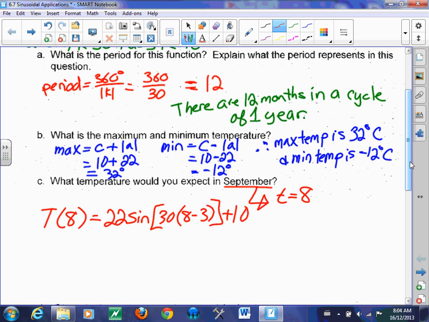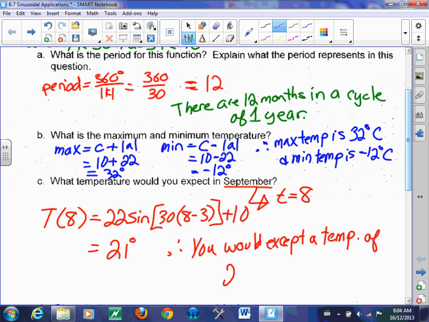Plug it into your calculator, and you should get 21 degrees. So therefore, you would expect a temperature of 21 degrees Celsius in September.